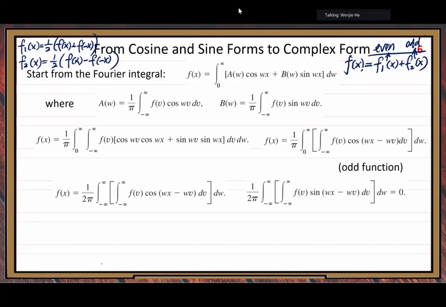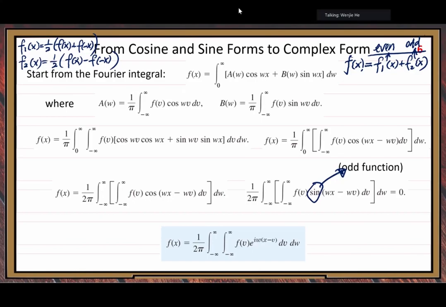Then we add them up, but when we add the sine component, we need to multiply by i. Remember? So in front of the sine component, we need to add the constant, little i.